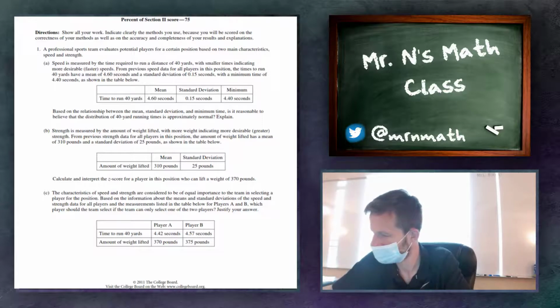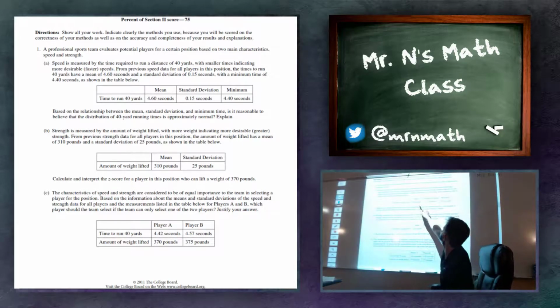Thanks, coach. From previous speed data for all players in this position, the times to run 40 yards have a mean of 4.6 seconds and a standard deviation of 0.15 seconds, with a minimum time of 4.4 seconds.